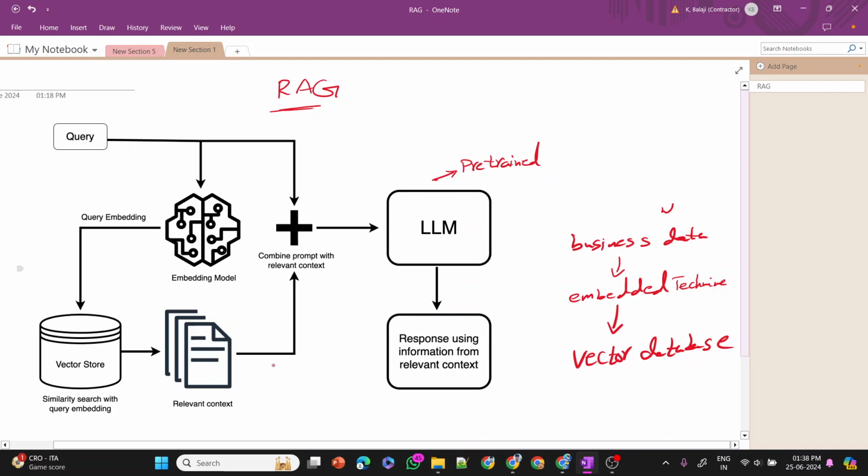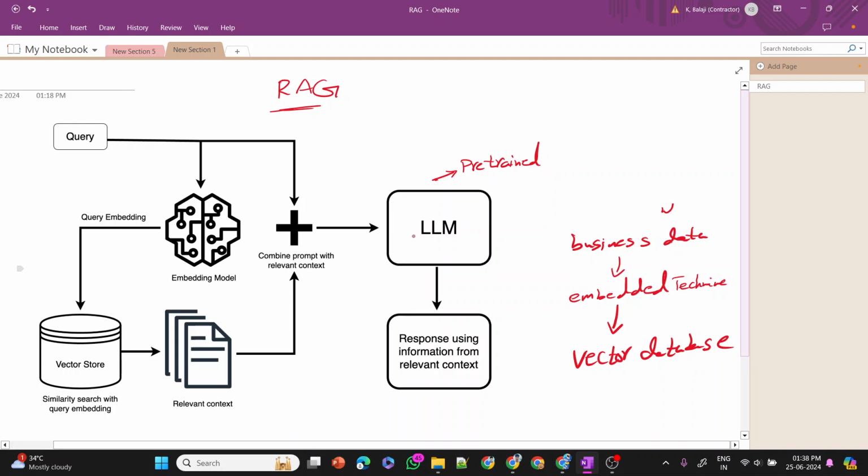The relevant content is combined with the prompt that was asked by the user, and both are combined together and provided to the LLM model.